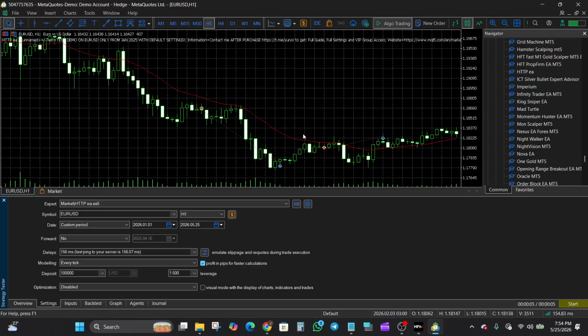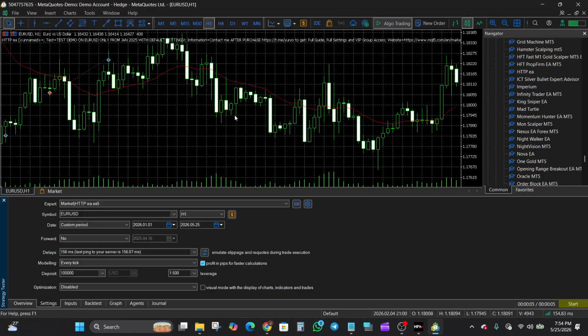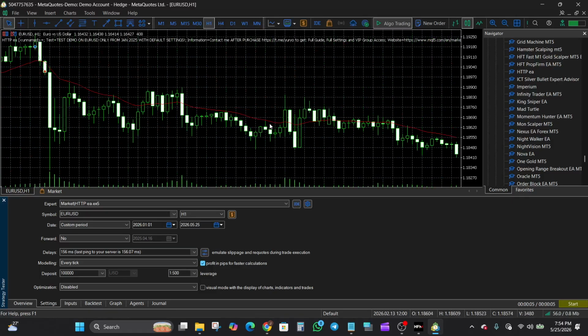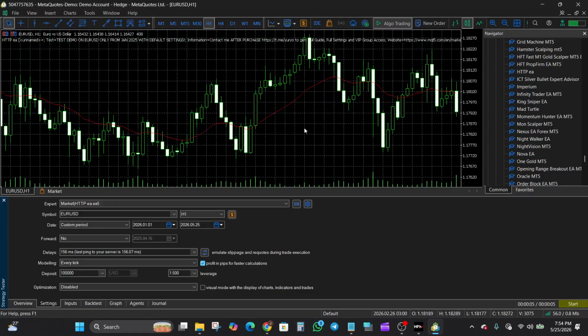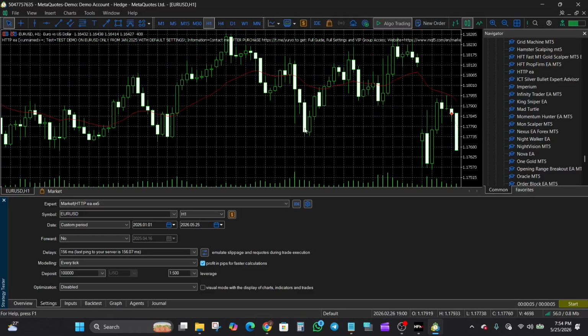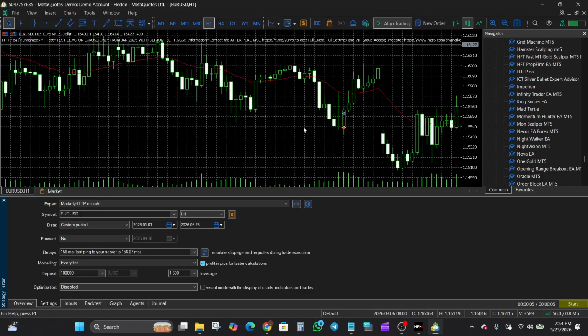From what we can see on the chart, the EA takes its time to look for opportunities in the market before executing the trade. So what I'm focused on first is how the EA is reacting across different phases of price movement. And from the historical behavior, trades appear structured and limited rather than frequent or scattered.